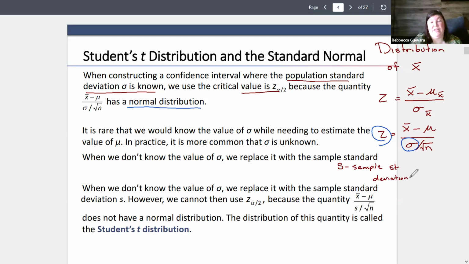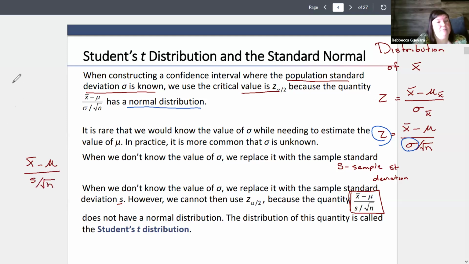However, we cannot use z-scores, because the quantities we're looking at are going to be written as x bar minus mu, but instead of a sigma, we have an S.